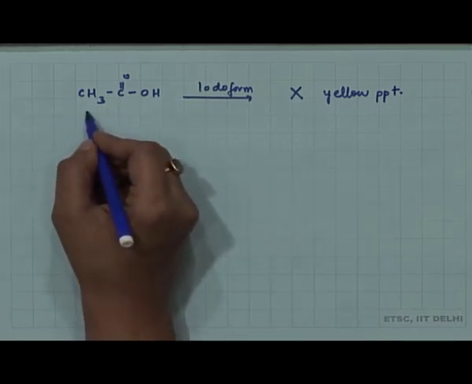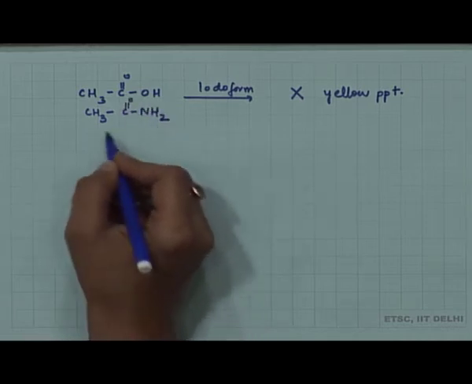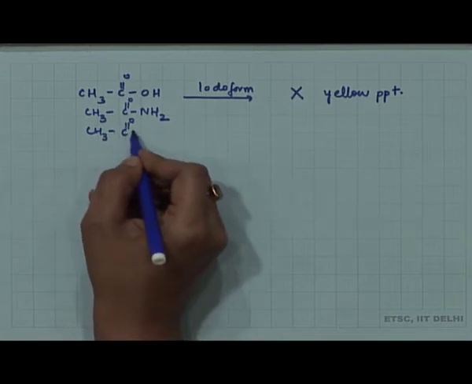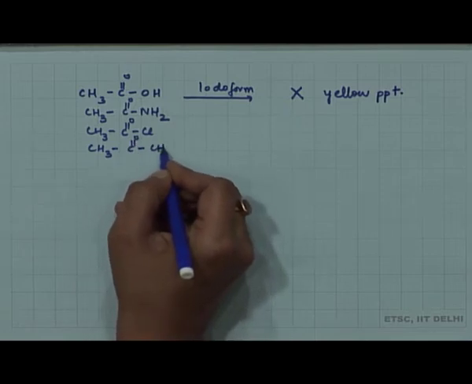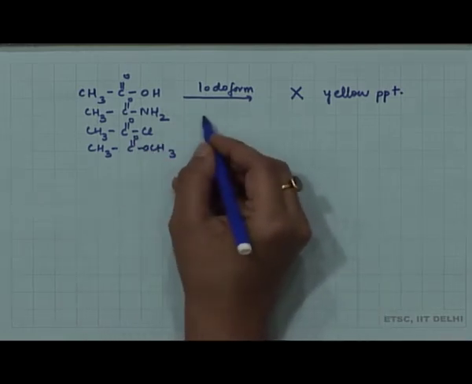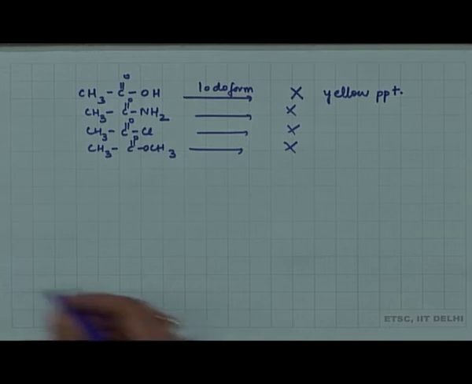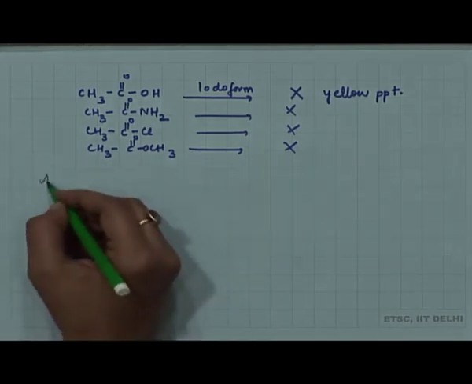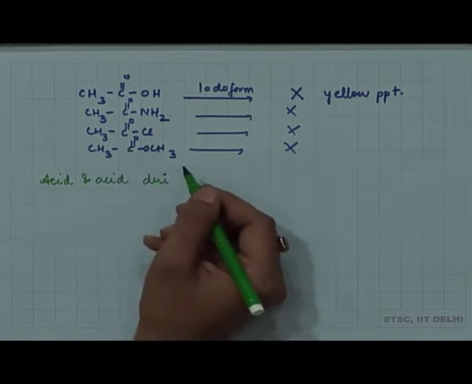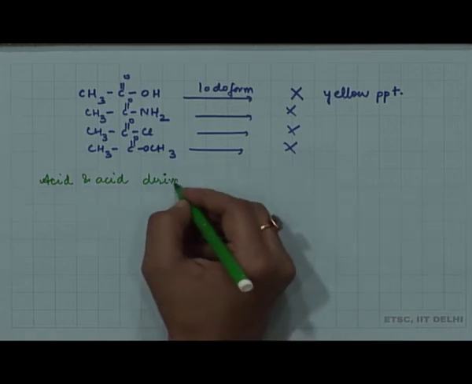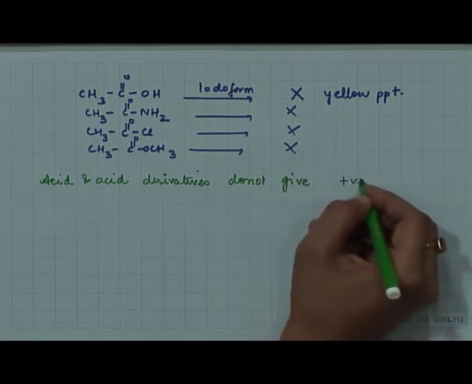Likewise, if you take another acid derivative, acetamide, acetyl chloride, or the methyl ester, each of these gives a negative iodoform test. So, in general we say that acids and acid derivatives, other than ketones and the aldehyde acetaldehyde, do not give a positive iodoform reaction.